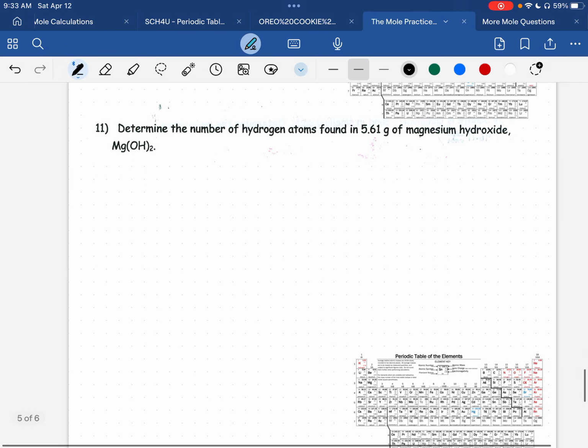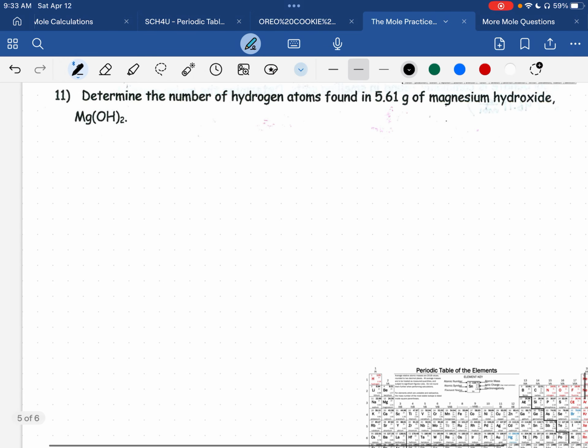In this one, I am going to determine the number of hydrogen atoms found in 5.61 grams of magnesium hydroxide. So this one is a multi-part problem. It's going to be a little bit more involved. So let's highlight our given.